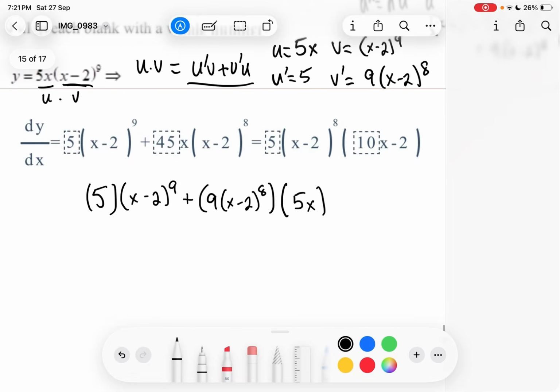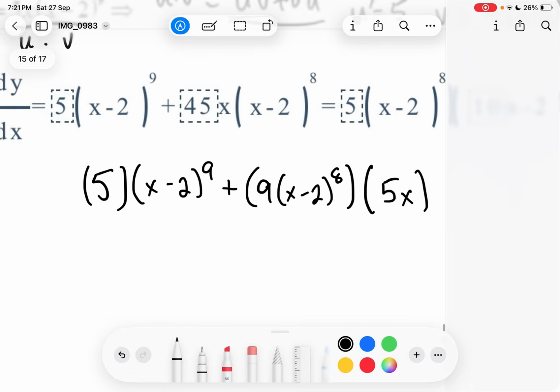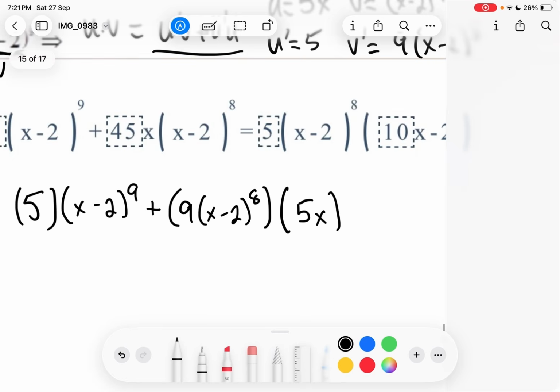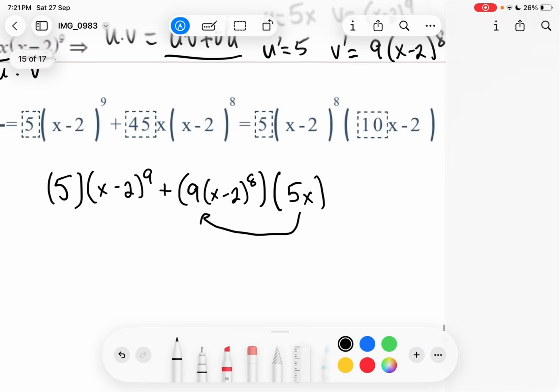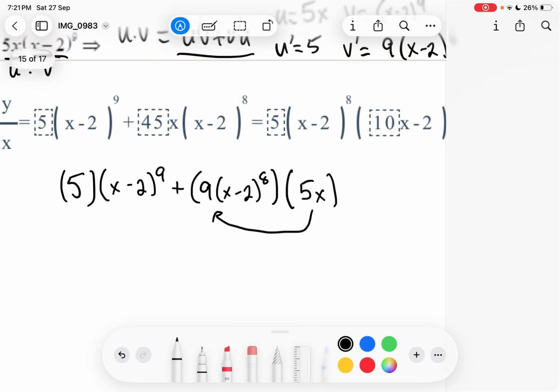And here you could multiply the 5x by the 9, so you get 5(x - 2) to the power of 9 plus 45x(x - 2), I forgot the bracket, to the power of 8.